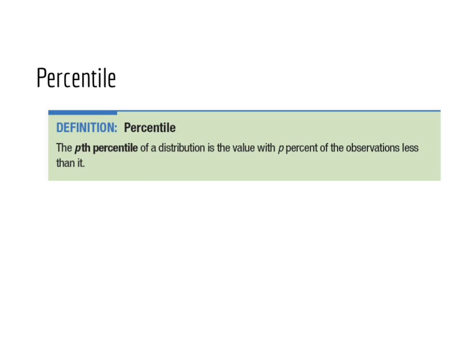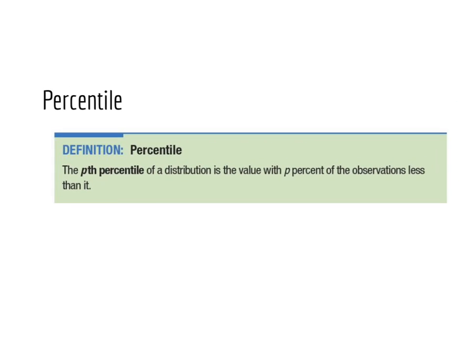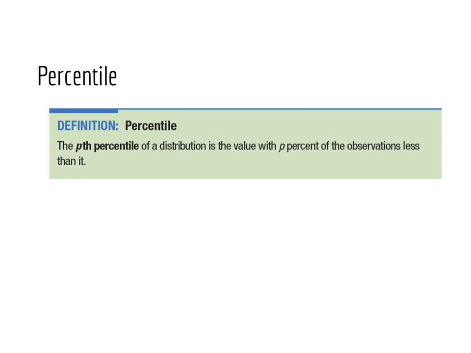So say we all took the PSATs and SATs, and say I was in the 70th percentile. What does that mean? What does it mean to be in the 70th percentile?